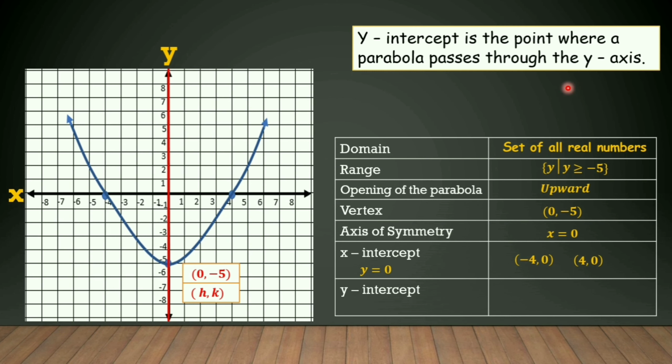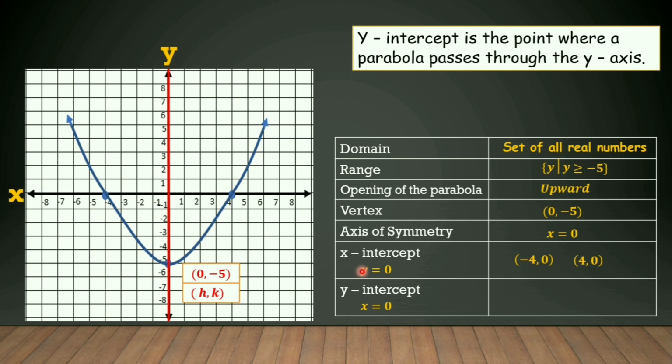Next, let's have the y-intercept. Y-intercept is the point where a parabola passes through the y-axis. So, ano-ano naman ang mga points na nadaanan ng parabola dito sa y-axis? And that is point negative 5. So, to answer the y-intercept, we will let x naman.